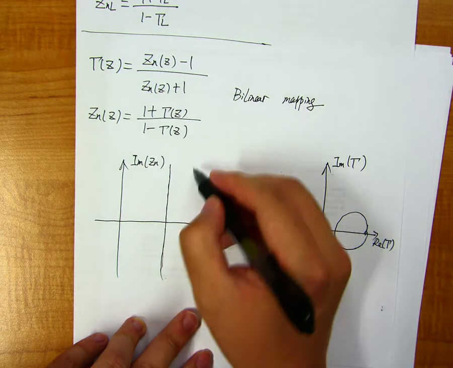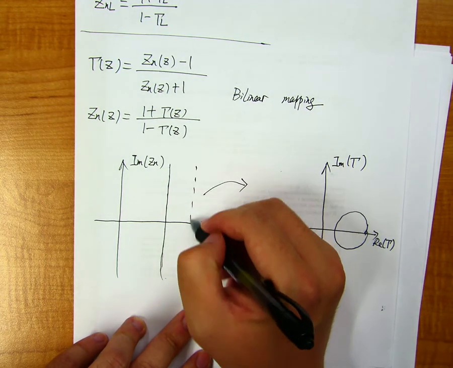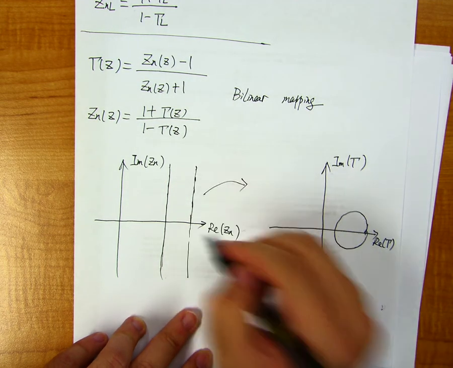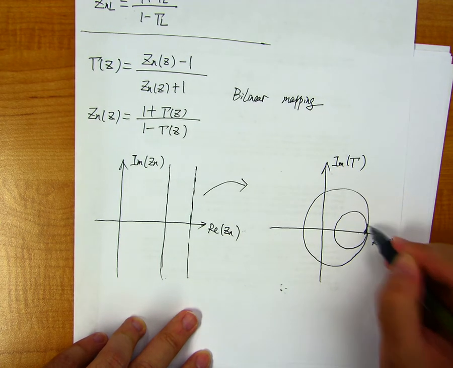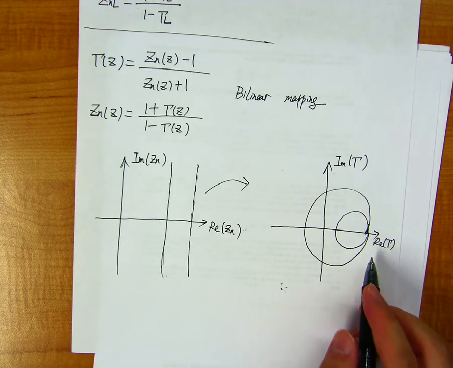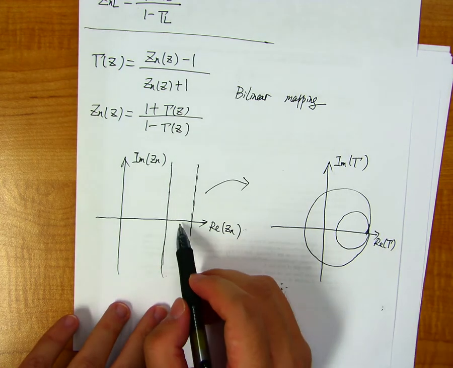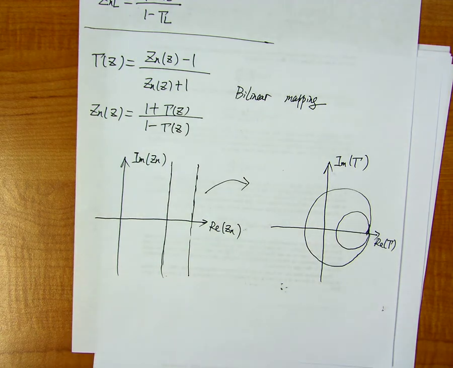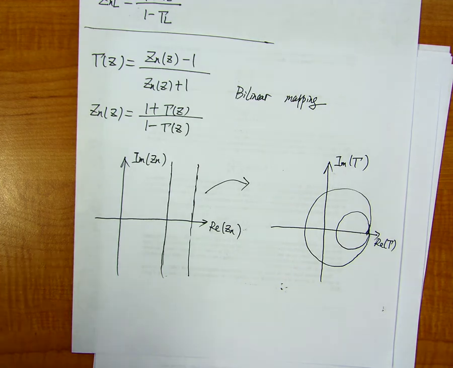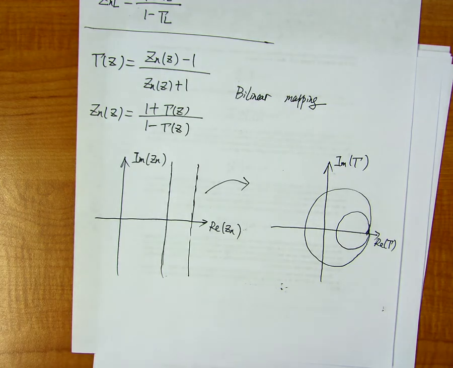And if we move the straight line to another place, we'll have another circle. Similarly, a straight line in the gamma plane will be transformed to a circle in the z-plane. So people take advantage of this conformal mapping and design a graphical calculator called the Smith chart.